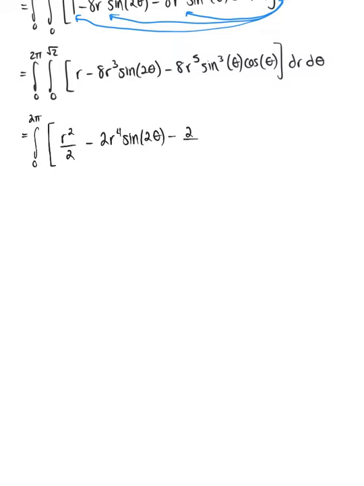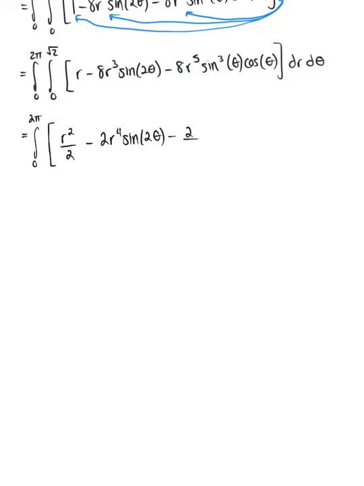So plugging in those bounds, we have the outer integral is still from 0 to 2 pi. Now we're evaluating at the square root of 2 first. So we have the square root of 2 squared will leave us with 2 over 2 minus 2. And then we have the square root of 2 to the 4th, so that gives us 4 times sine of 2 theta.